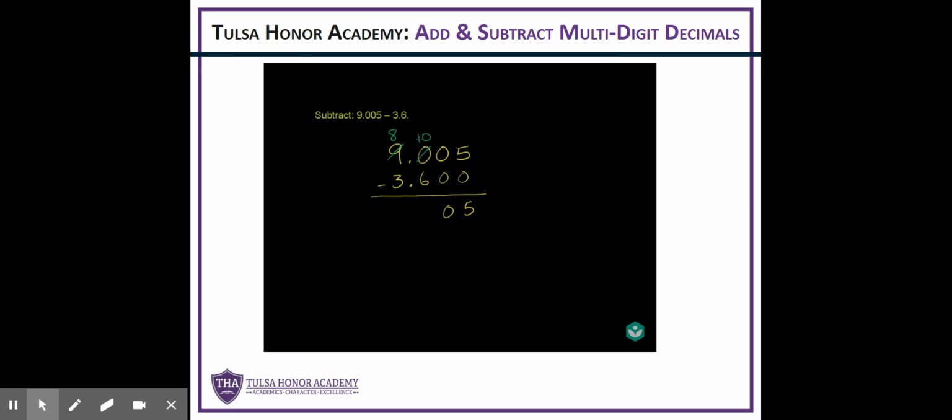Sometimes it's taught that you're borrowing the 1, but you're really taking 10 from the place to your left. So 1 whole is 10 tenths. So you have 10 minus 6. 10 minus 6 is 4. You have your decimal right there, and then you have 8 minus 3 is 5. So 9.005 minus 3.6 is 5.405.